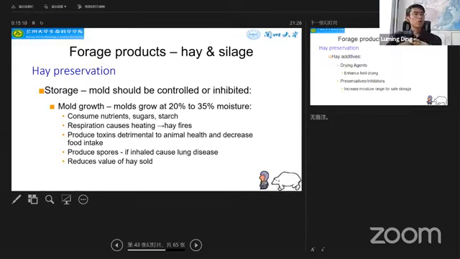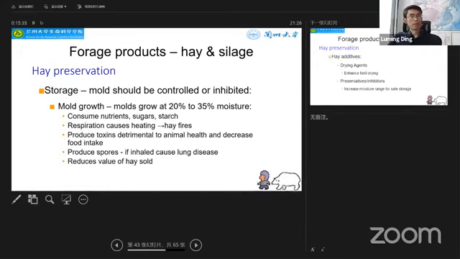When we preserve the hay, we need to control or inhibit the growth of mold. Molds grow at 20 to 35% moisture. The molds can consume nutrients such as sugars or starch, and the respiration of mold causes heating.